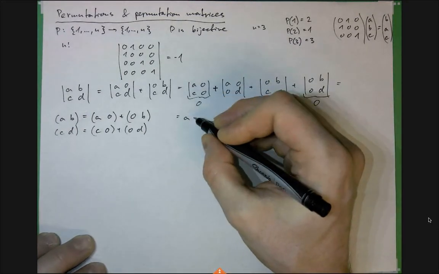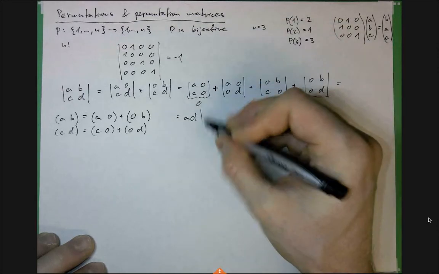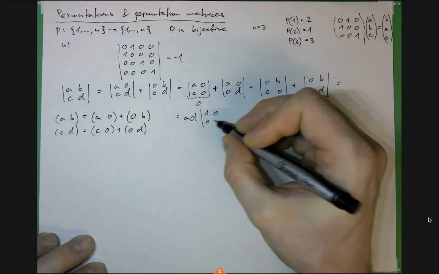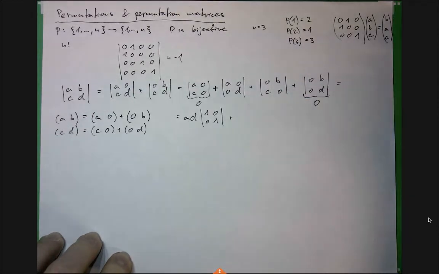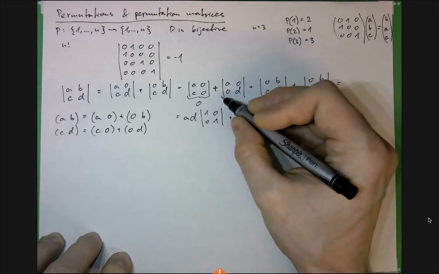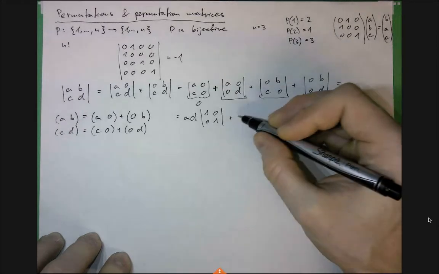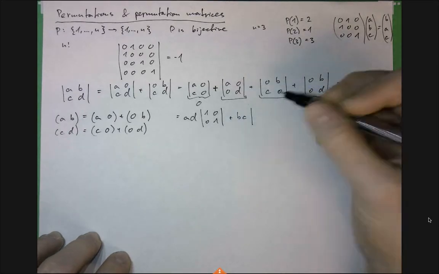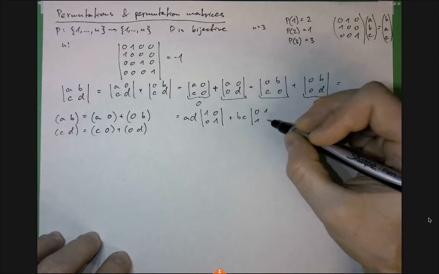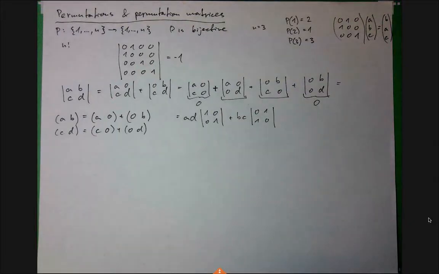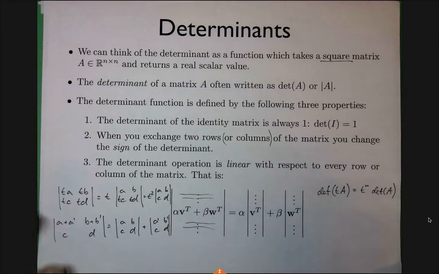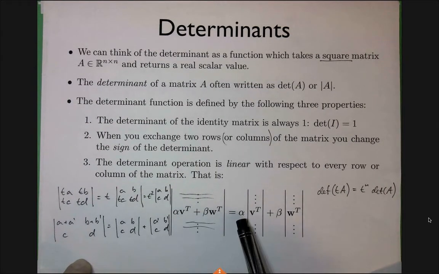I can extract a times d, and what remains is just the determinant of the identity matrix. And the other one gives me b times c times the determinant of this matrix. Everybody agrees? This is just pulling out a scalar, and I pulled out two scalars at the same time.